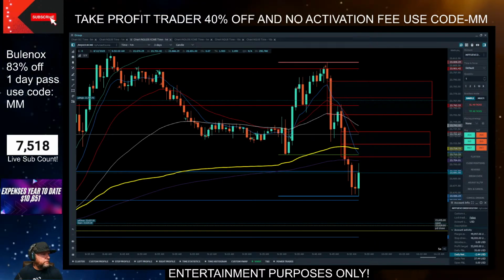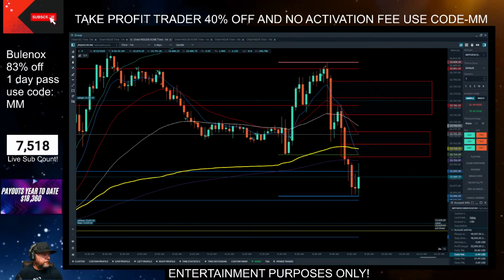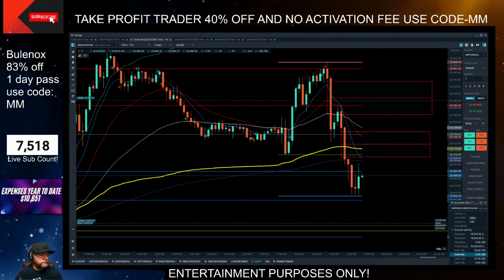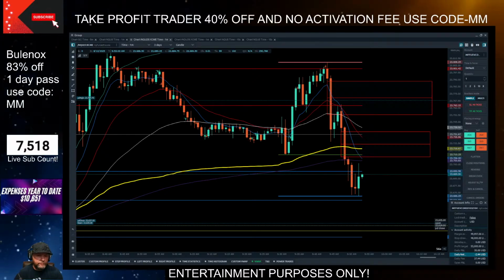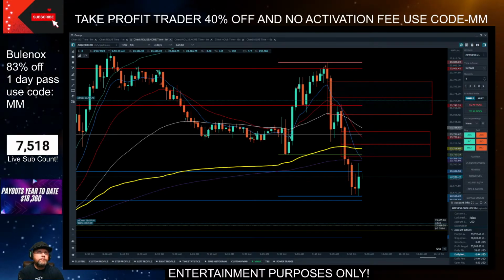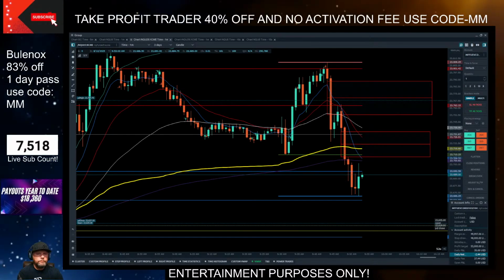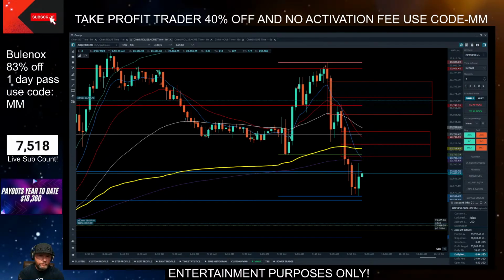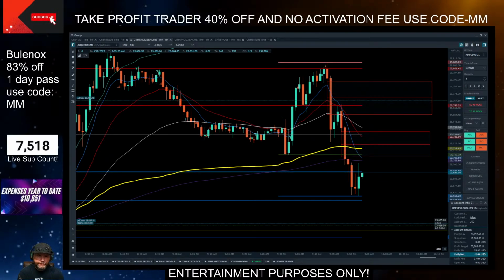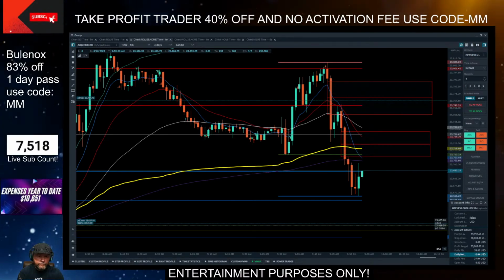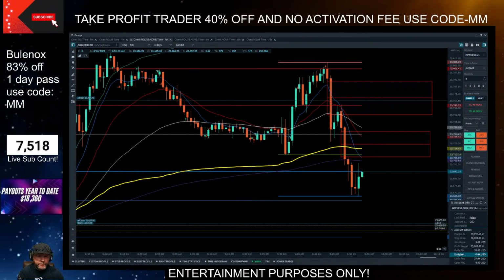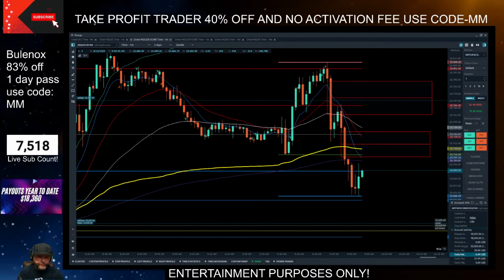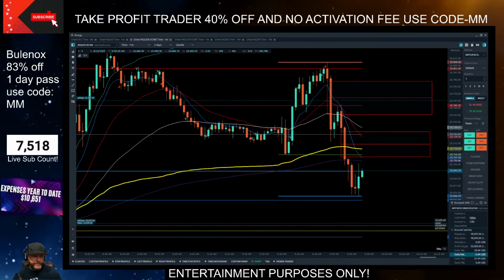There was a very small 30-second one here. It's like 6 points. If we get a V-shaped push back through here, that could be interesting.